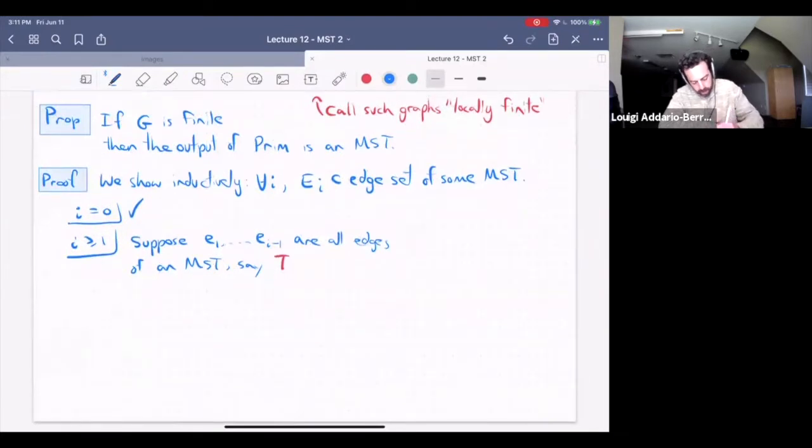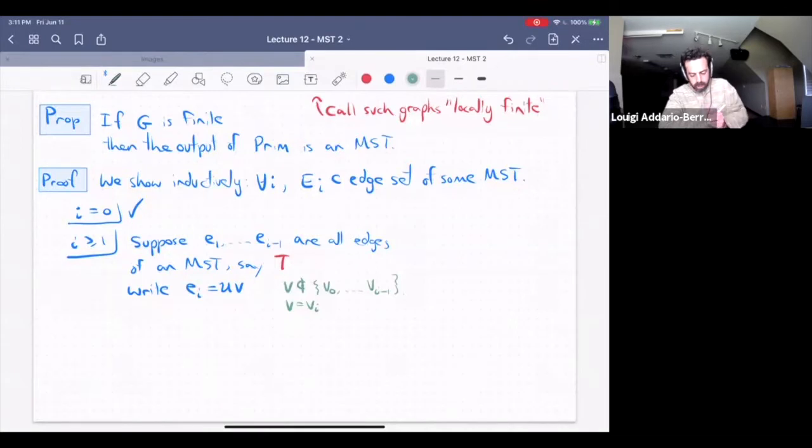And now remember E_i is the edge added at step i. It was uv, where v is the far endpoint. v is not in the previously added vertices, right? So v is the new vertex v_i that's added.